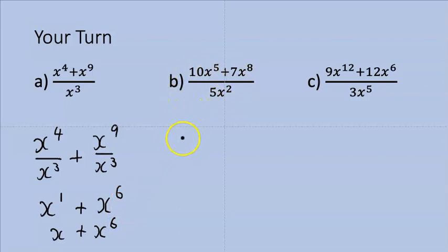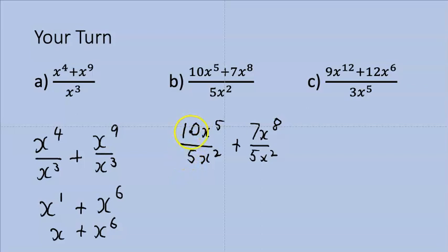Now for b, I'm going to do the same process again. 10x to the 5 over 5x squared plus 7x to the 8 over 5x squared.